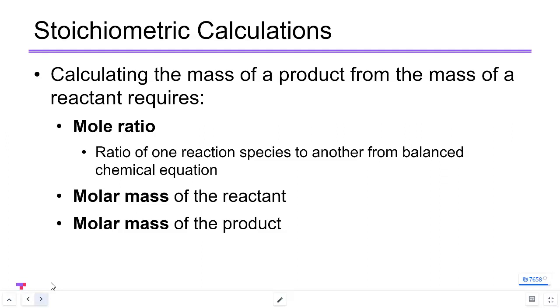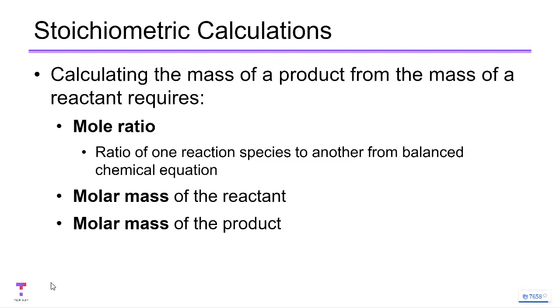And so, as far as calculations are concerned, there are really only 3 calculations that we need to know how to do. We need to know how to turn things into moles. So whether that is using Avogadro's number to turn particles into moles, or moles into particles, or mass, using molar mass to turn grams into moles, or moles into grams.